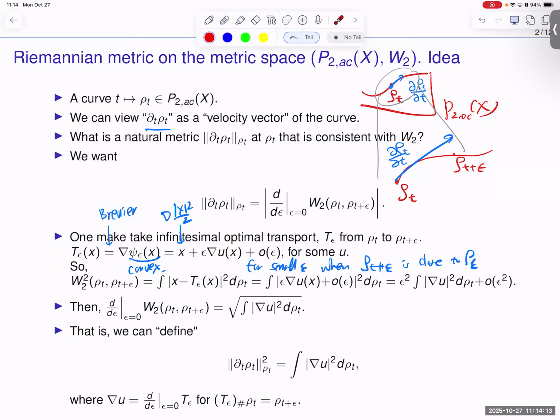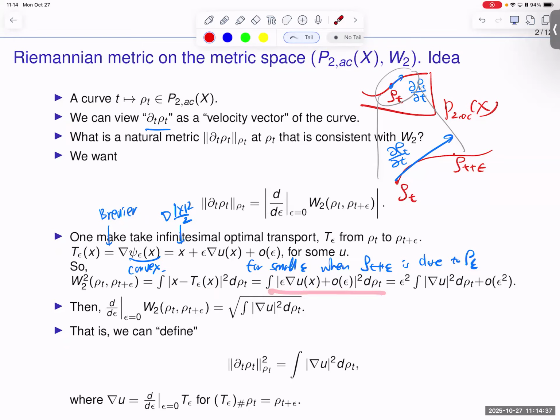All right. Then the squared Wasserstein distance between rho t and rho t plus epsilon is nothing but the transport cost for this optimal mapping. When we write it using this expression, the displacement is nothing but this expression.